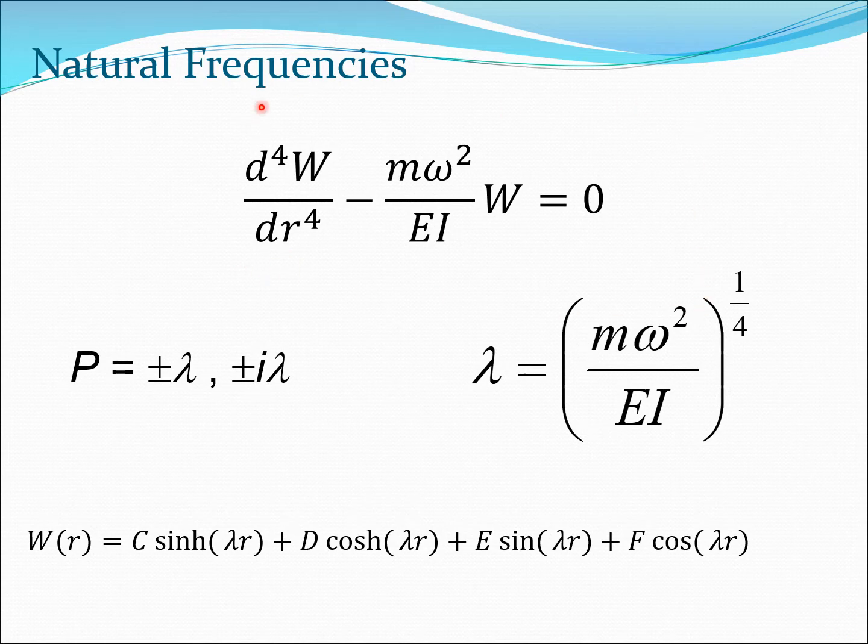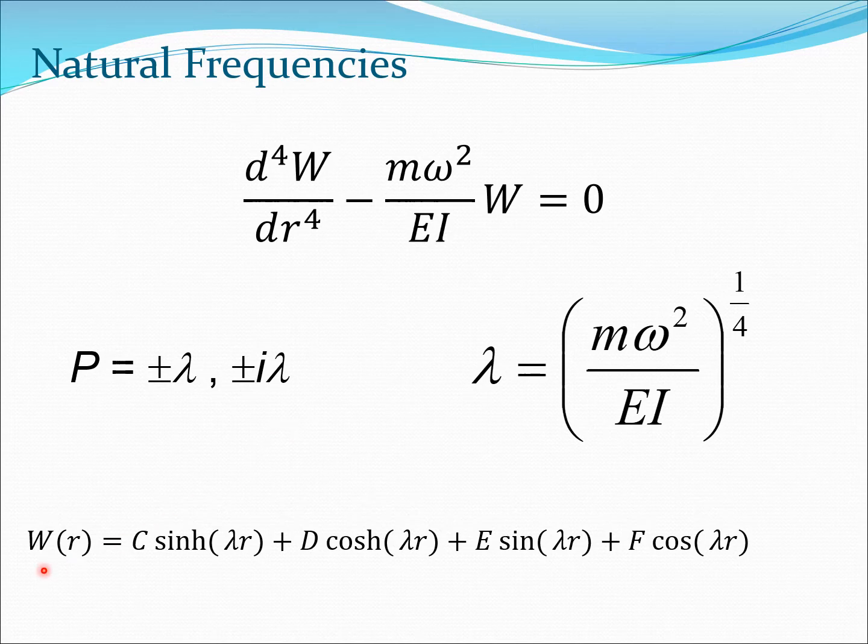So just to summarize, this was our differential equation for the beam. The roots are plus minus lambda and plus minus i lambda, and lambda is expressed in terms of the mass, the flexural stiffness, and frequency squared. Now, given these 4 roots, we can write out exponential functions with respect to lambda, minus lambda, i lambda, and minus i lambda.